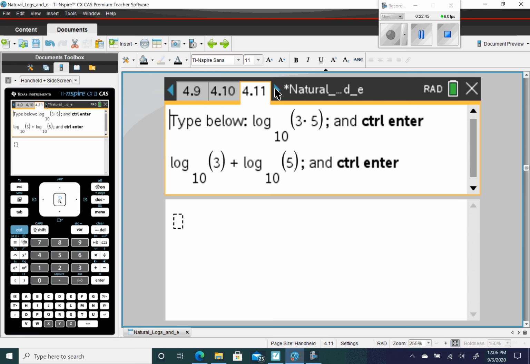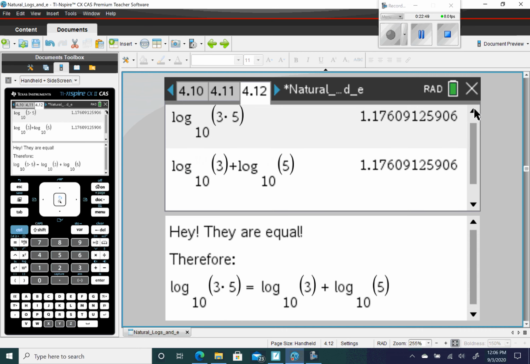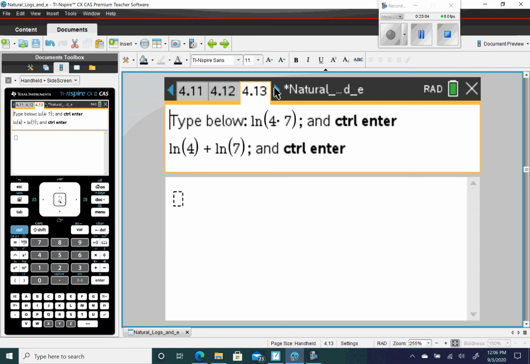I'm going to proceed to the next page. Again, pause the video if you need to.